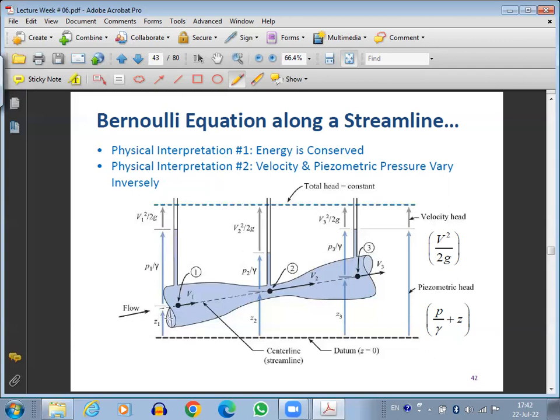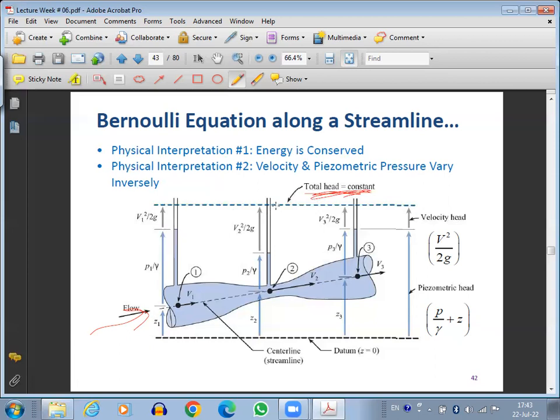Suppose we have a Venturi installed in a tilted way, and the fluid is flowing through it. We assume it is an inviscid flow, steady flow, incompressible, the fluid is a liquid, and it is along the streamline. What we are saying is that the total head is constant.